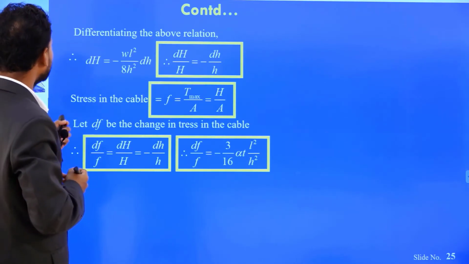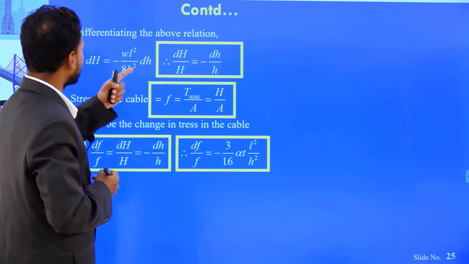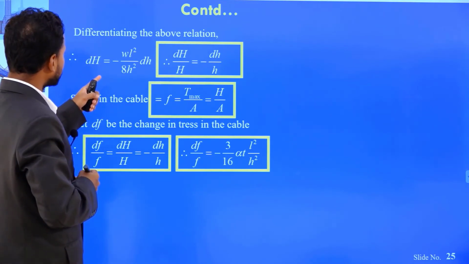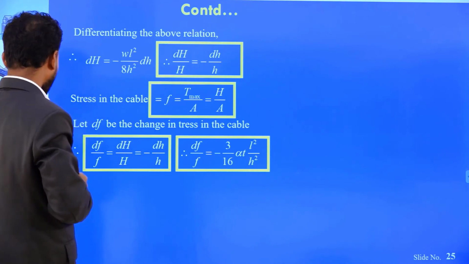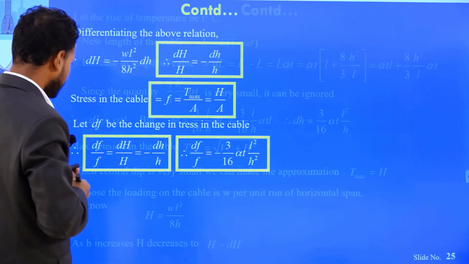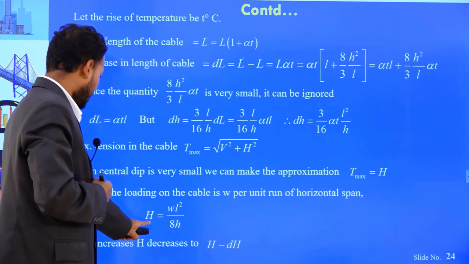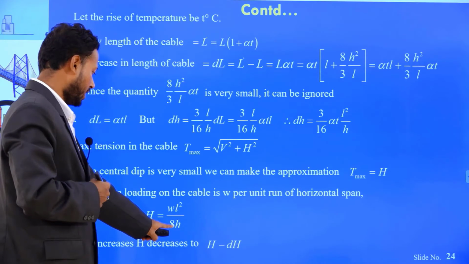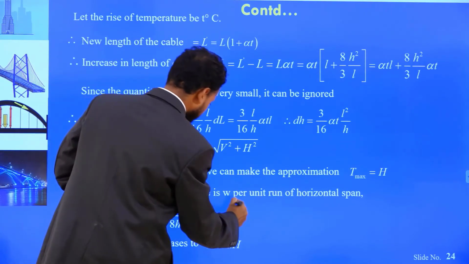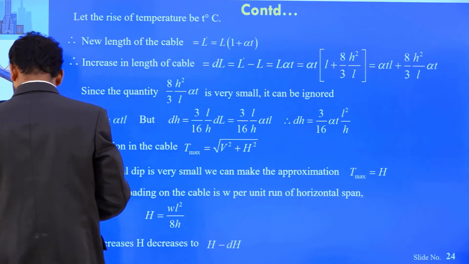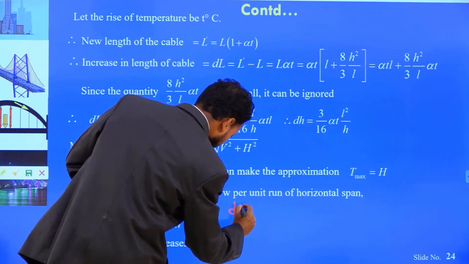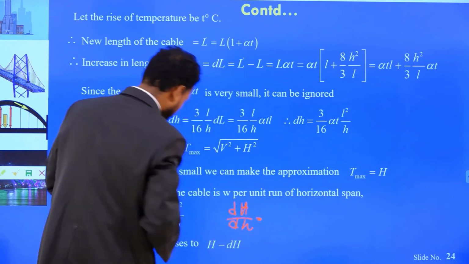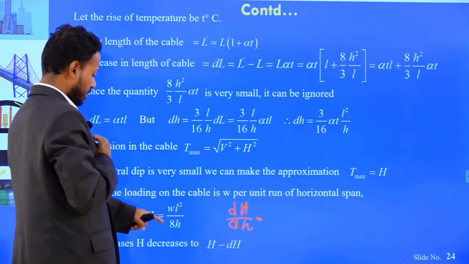So come to this point, differentiating the above relation, we have dH equals minus WL square by 8h square dh. How am I getting this equation? Just see here, I am doing the derivative of this expression. I do the derivative of capital H with respect to small h.